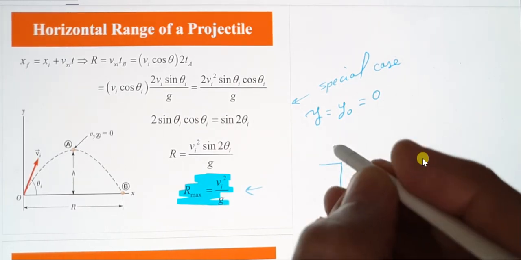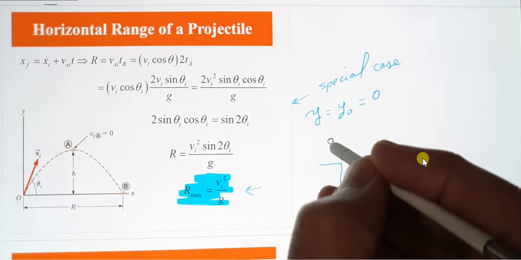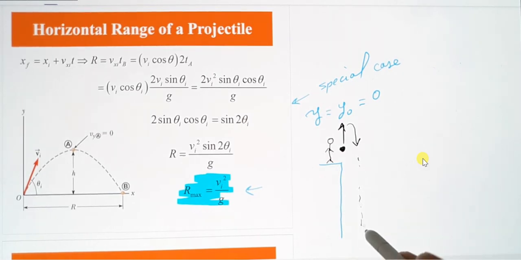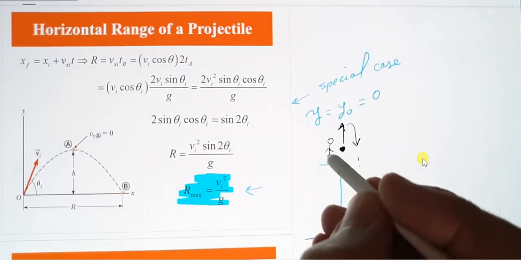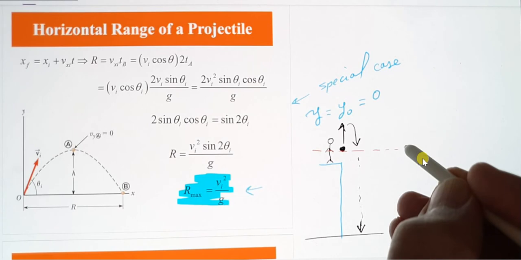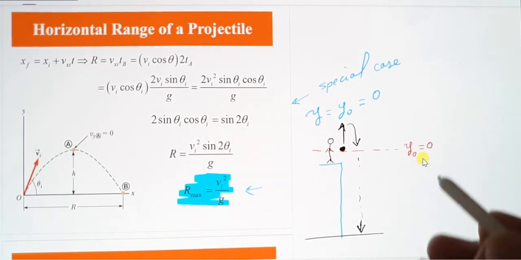And go back to chapter 3 when we solved the problem. Let me remind you, we have a man standing like this, and he throws an object up, and then the object went down. We covered that in chapter 3. And we said that we choose this as our y naught equals 0.